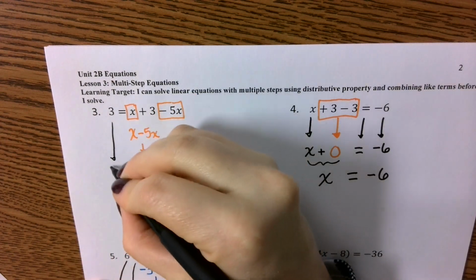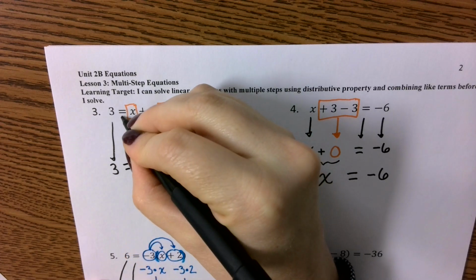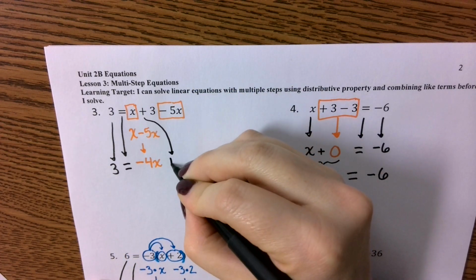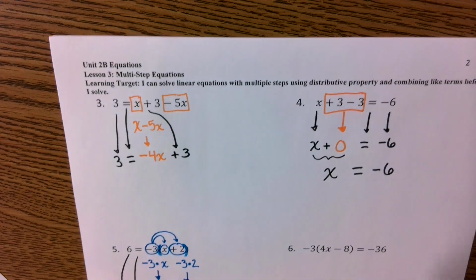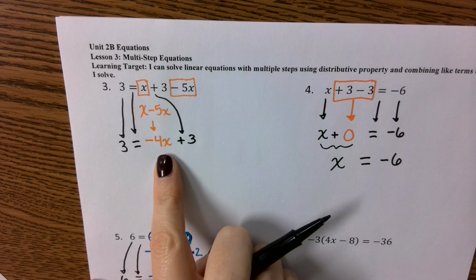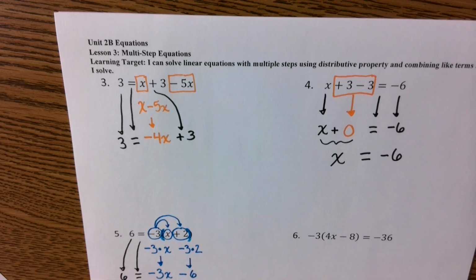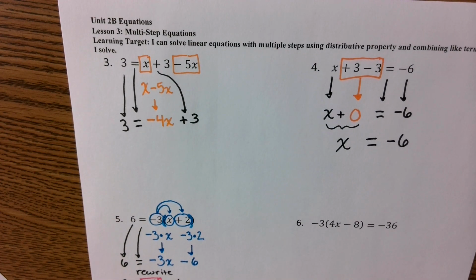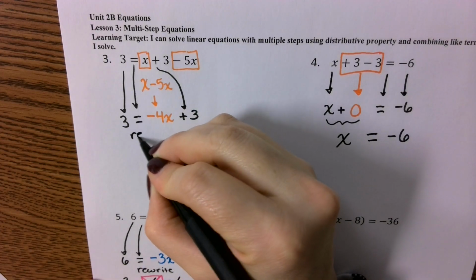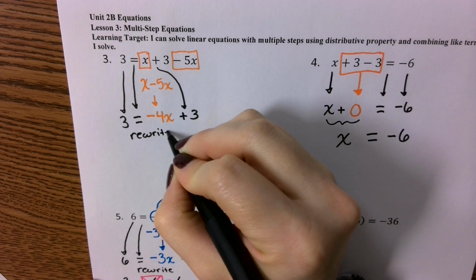Everything else comes down, so we have 3 equals negative 4x plus 3. Okay, now we're going to do a rewrite.